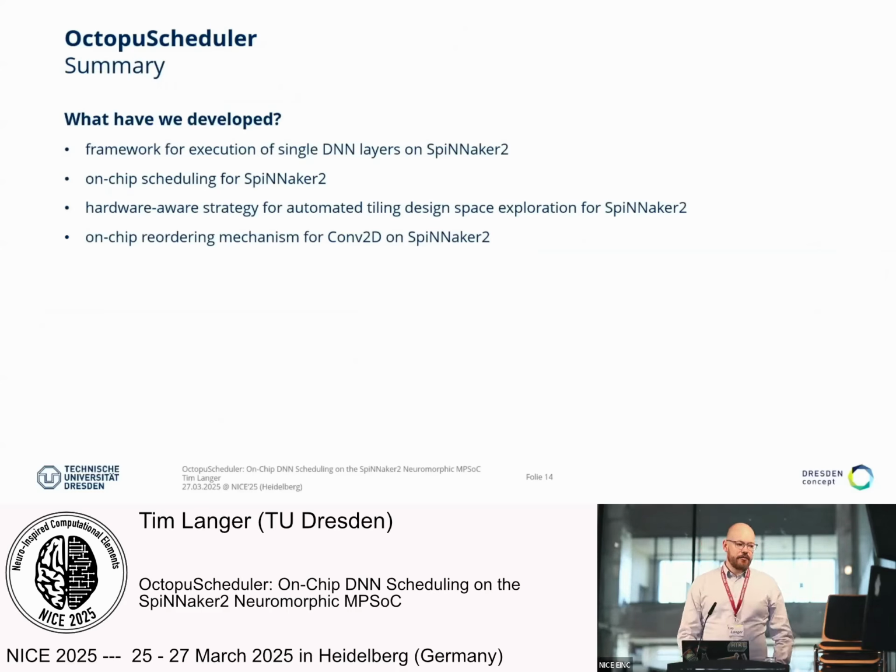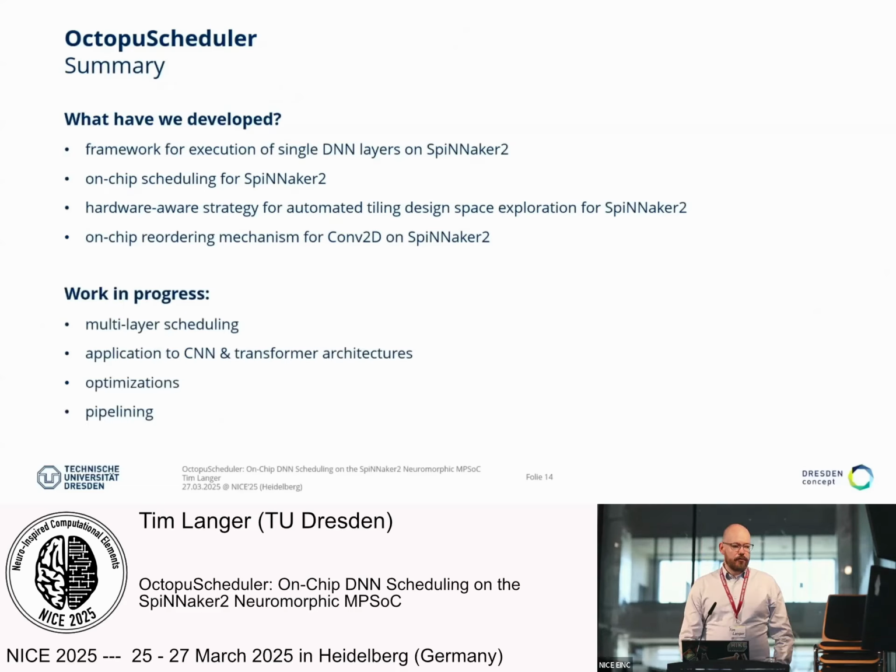And we are looking into how we can avoid the costly DRAM transfers here. What we're currently doing is extending this for multi-layer implementation, and we want to apply this to CNNs and transformer architectures. These are ongoing efforts at the moment, and we're close to finishing the transformer implementation here.